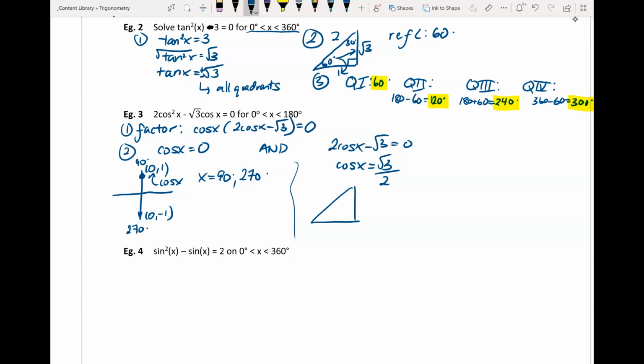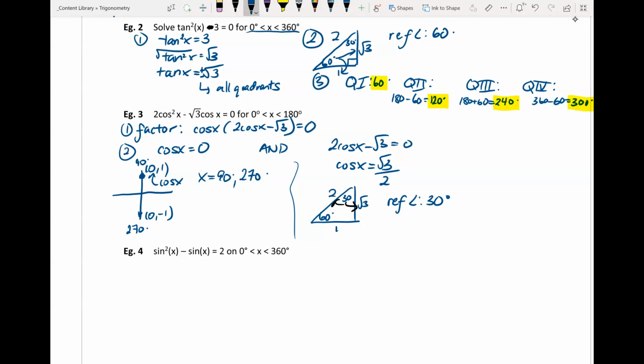This is our 30-60 triangle, and I'm looking for an angle that would give me root 3 over 2 using cos. So that's adjacent over hypotenuse. If we look at angle 30 degrees, my adjacent would be root 3, and my hypotenuse is 2. So my reference angle is going to be 30 degrees.